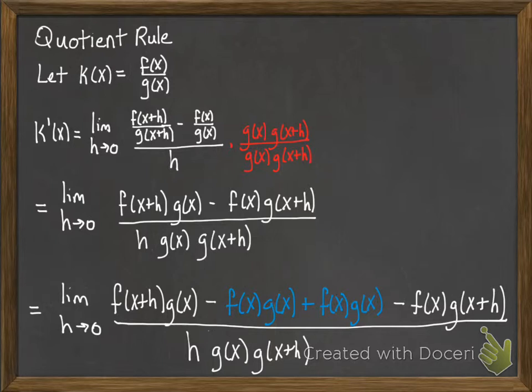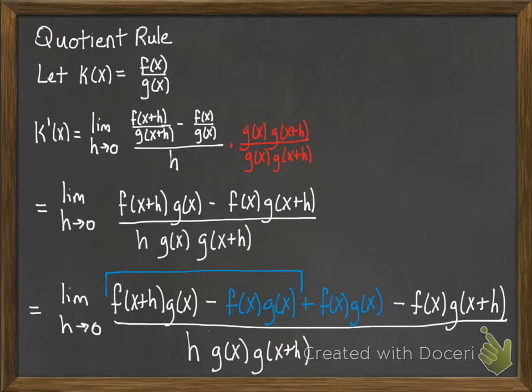So at this point, notice that I have this quantity. This quantity I can factor a g of x out, right? And then I would have g of x times f of x plus h minus f of x, all over h. So I would actually be able to talk about the derivative of f.